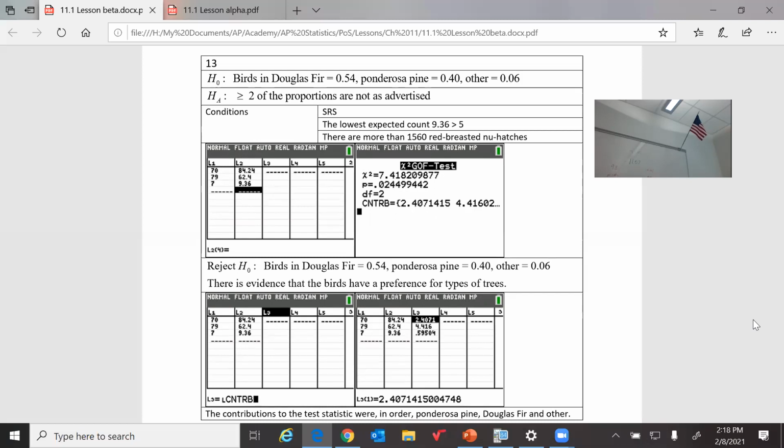The lowest expected count, 9.36, is greater than 5. And there's more than 1,560 birds. Now what? We only have 2 degrees of freedom now.